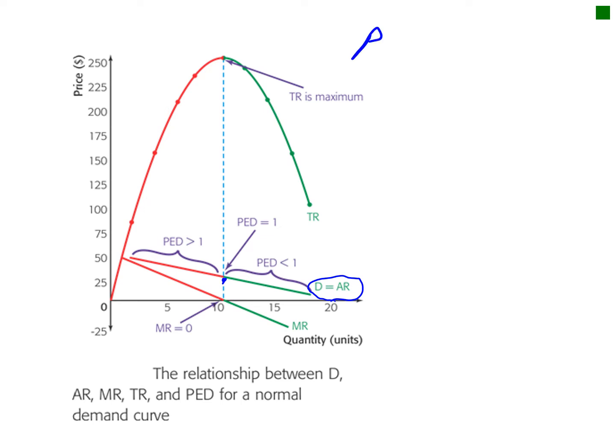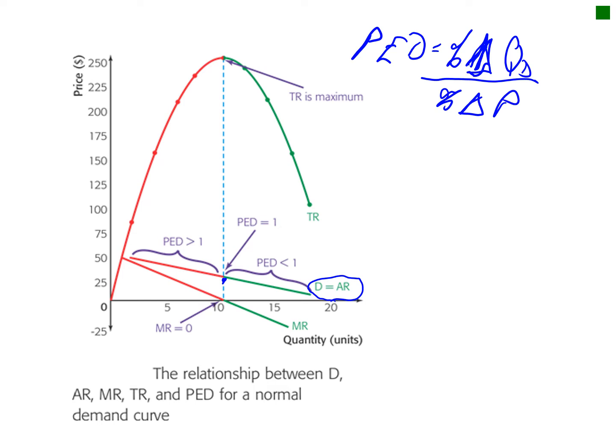Now, if we look at the formula for PED, it equals percentage change in quantity demanded over percentage change in price.